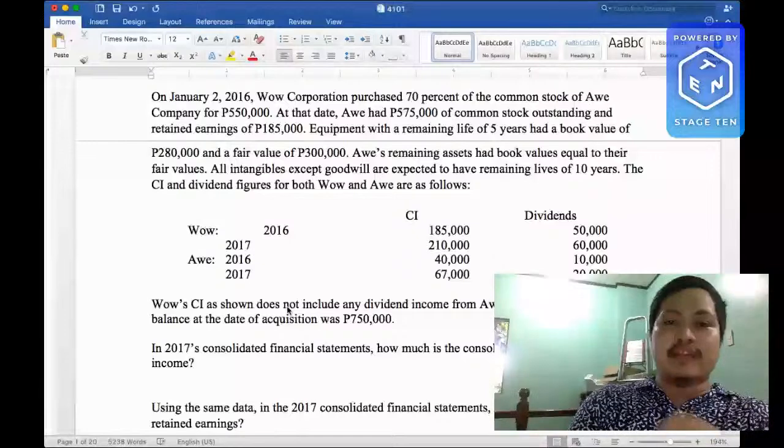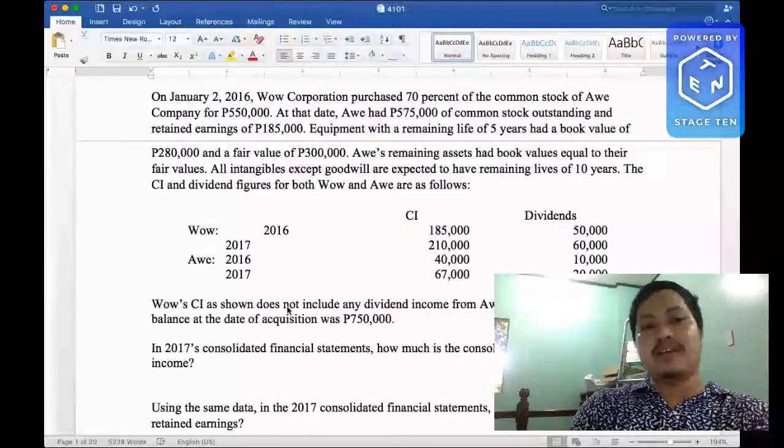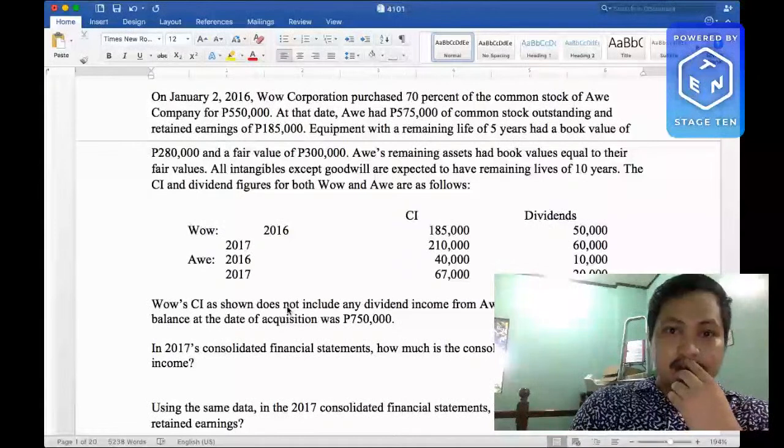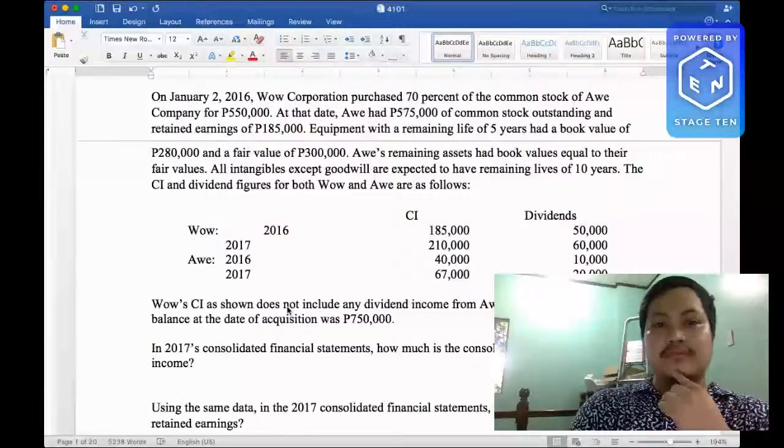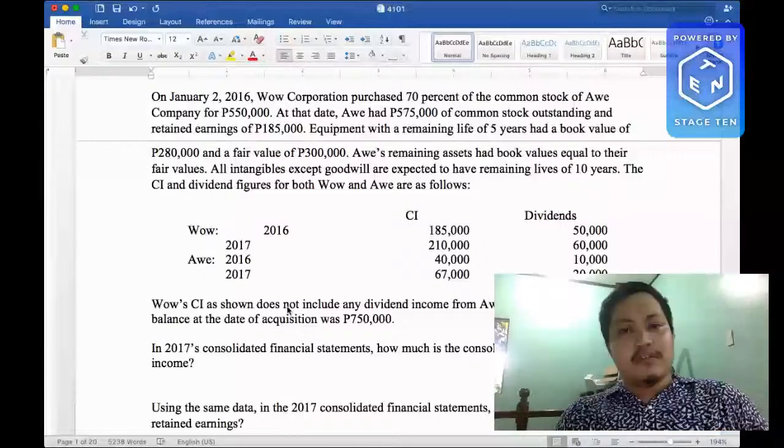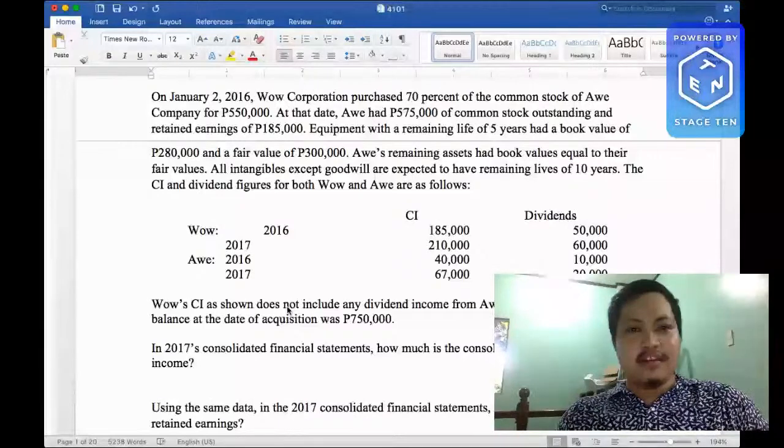The consolidated entity would compute it as 300,000 divided by 5. 300,000 divided by 5 will give you 60,000.